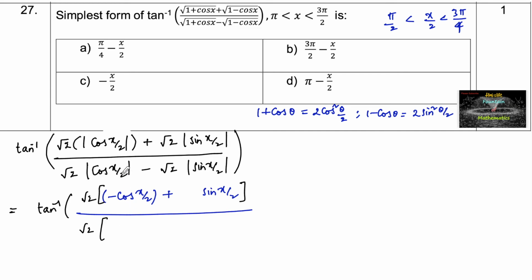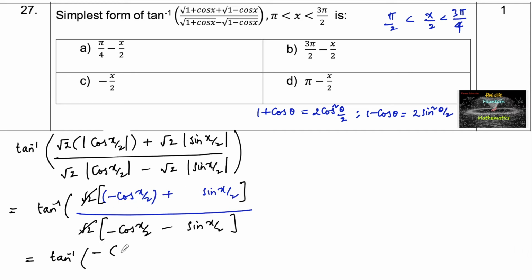mod of cos x by 2 will be minus cos x by 2, since cos of x by 2 is negative in the second quadrant, and minus root 2 of sin of x by 2, root 2 taken common, sin is positive so we write sin x by 2. So root 2 gets cancelled, and we get tan inverse of (minus cos x by 2 minus sin x by 2).